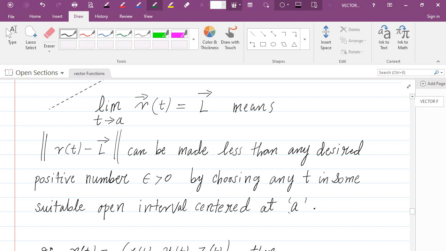So as t approaches a, the point R of t is approaching the vector L, or the point L.